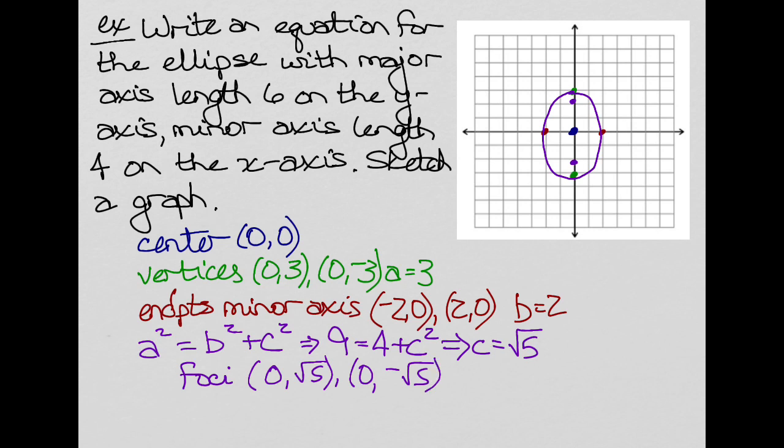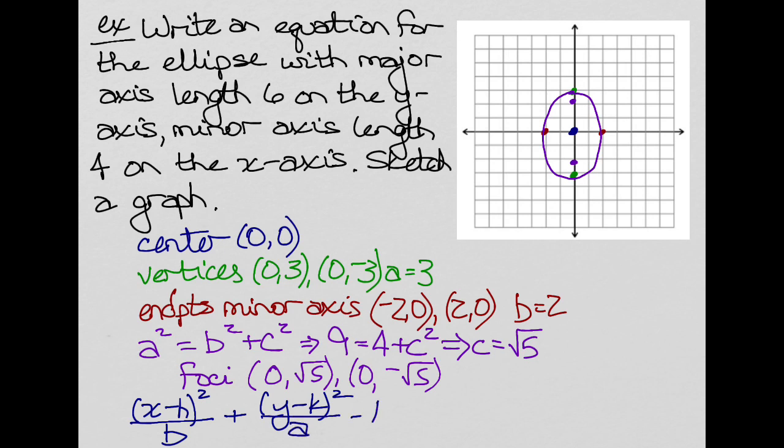One more thing, we need an equation. Since the major axis is the y-axis, my equation is going to look like (x minus h) squared over b squared plus (y minus k) squared over a squared equals 1. A is the big one, and a goes with the major axis.